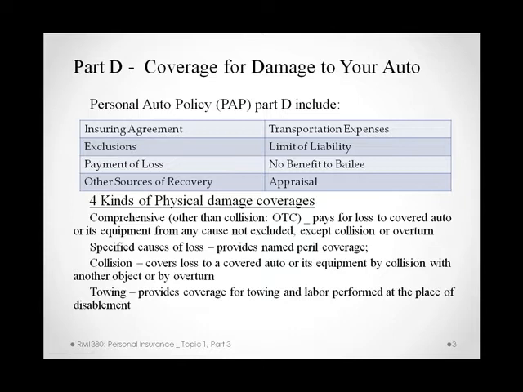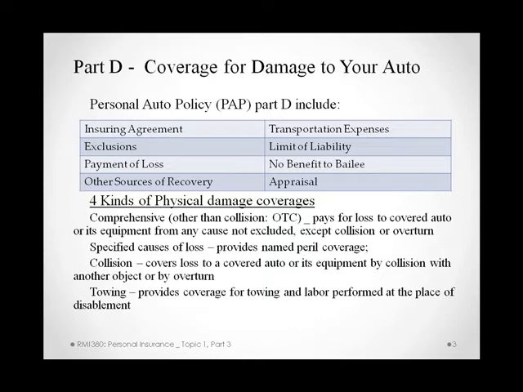It seems that it should come from collision because it is a collision with a deer. However, in insurance, it is covered under other than collision. Why is that the case? Because the comprehensive or OTC coverage covers anything that is not likely to be your fault, such as a tree falling on your car.